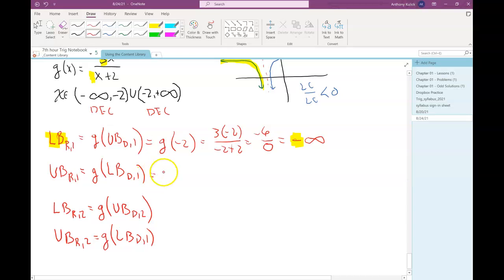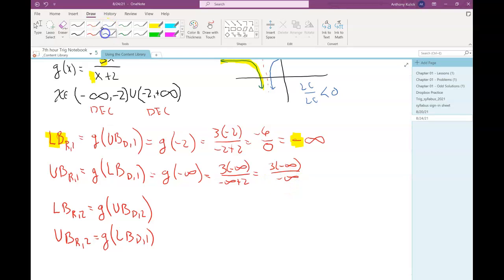If we do the same thing here, g of negative infinity is 3 times negative infinity over negative infinity plus 2. So I have 3 times negative infinity on top. Negative infinity plus 2 is still just negative infinity, right? As we established earlier.